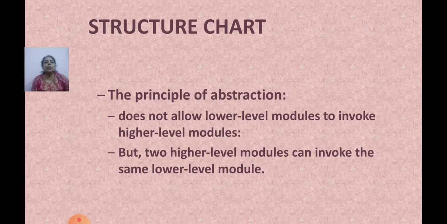The principle of abstraction doesn't allow a lower level module to invoke a higher level module. But two higher level modules can invoke the same lower level module. Two or more modules can invoke the same lower level module. This is known as the reuse of a module, or a library module.